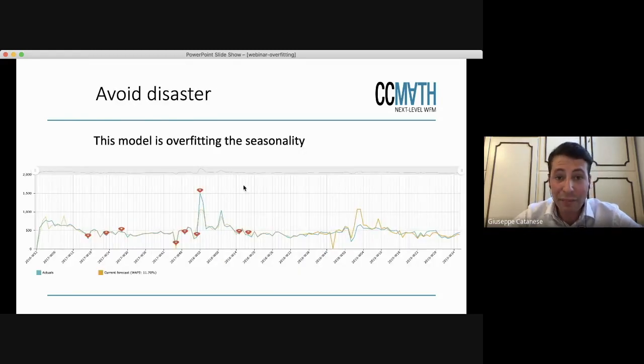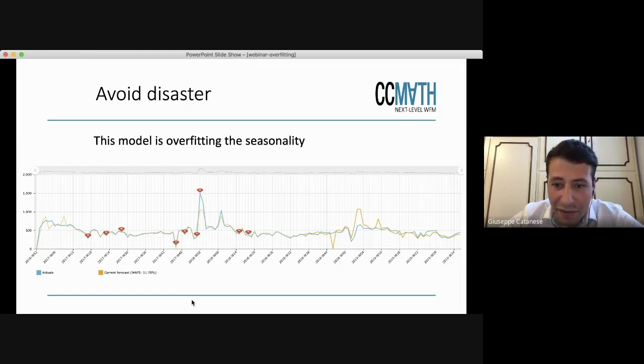So it is really important to avoid disasters because let's look, for instance, at this model. What we see is that the model is overfitting, in this case, the seasonality. We see that in week 2 of 2018, there is a peak, and there is some missing data in week 46 of 2017.